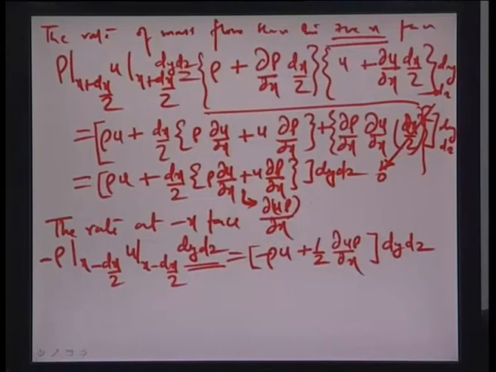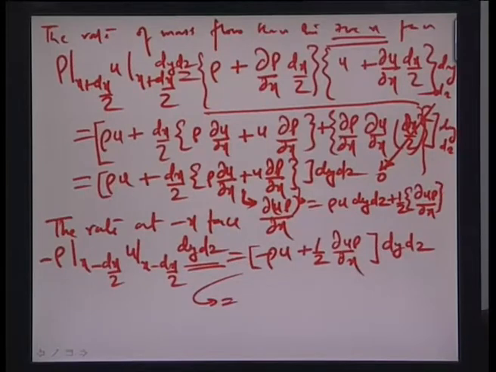From these two terms I can further simplify this equation as well as this equation, and write it down as rho u dy dz plus half del u rho by del x times dx dy dz, and similarly here we write it as minus rho u dy dz plus half.